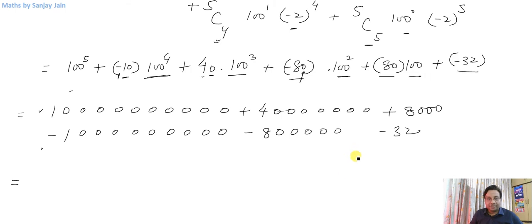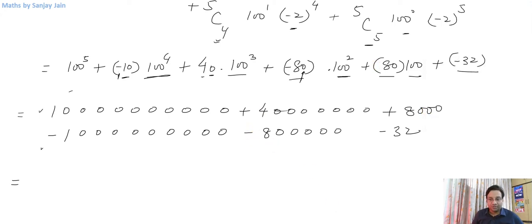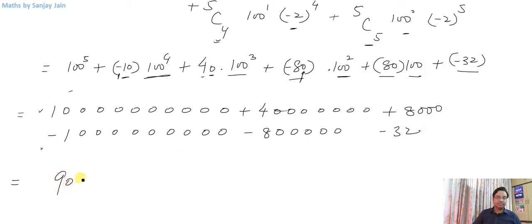So this is what I've done. I've used a calculator and done this addition problem using the calculator. Okay, you are not supposed to use the calculator, but this is your answer: 903,920,7968.